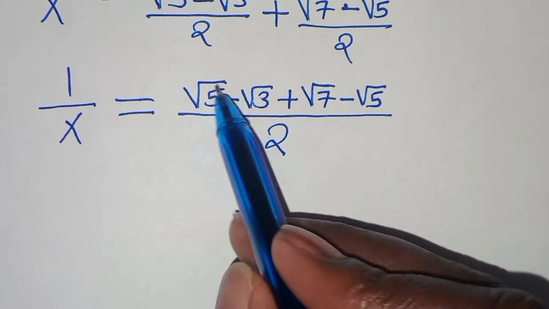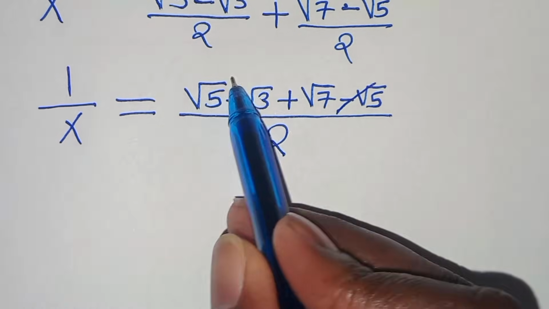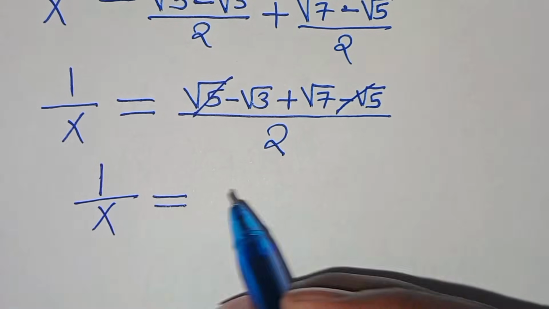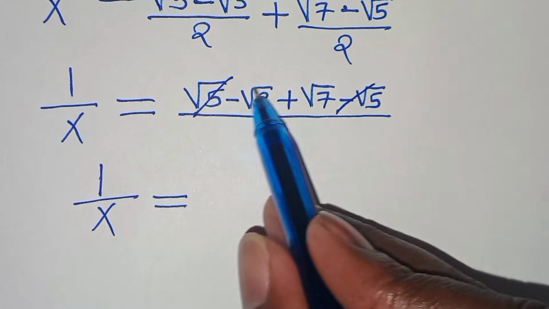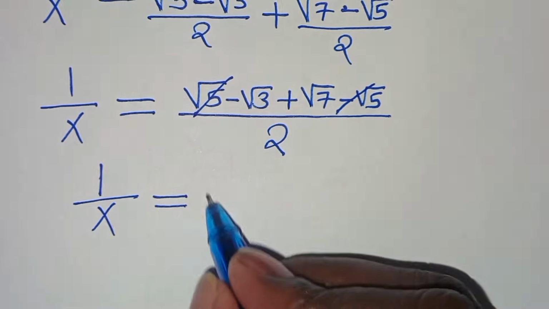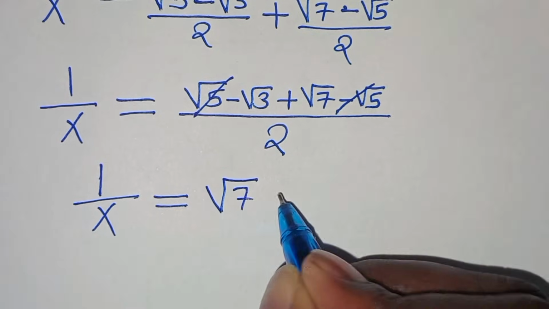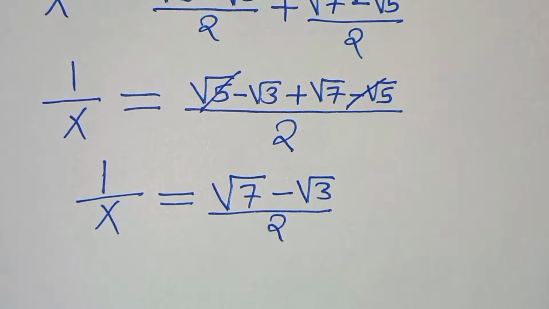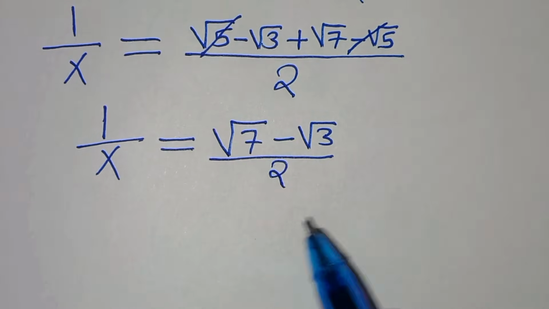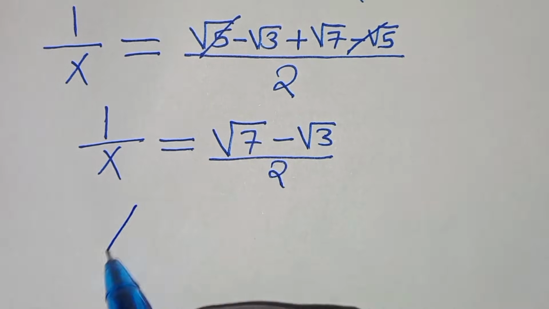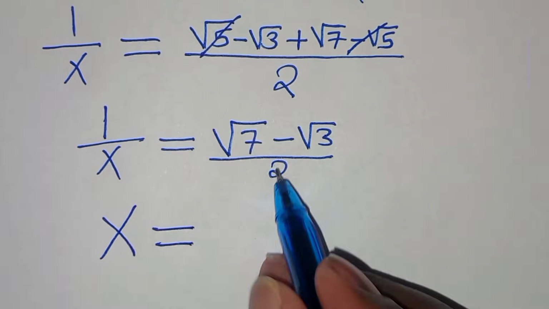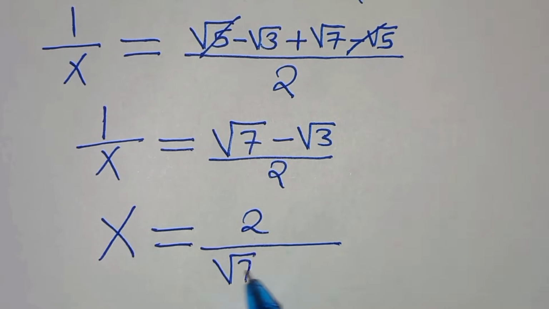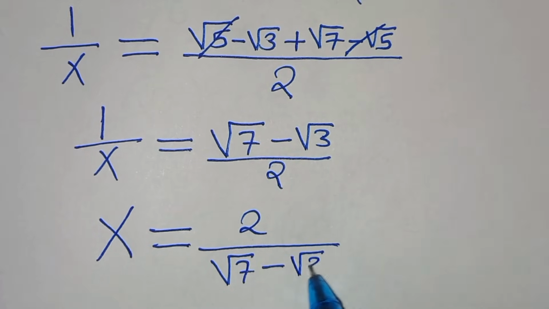So square root of 5 minus square root of 5 simplifies, so that we have 1 over x equal to minus square root of 3 plus square root of 7, which you can express as square root of 7 minus square root of 3 divided by 2. Now to solve for x here, x is equal to 2 divided by square root of 7 minus square root of 3.